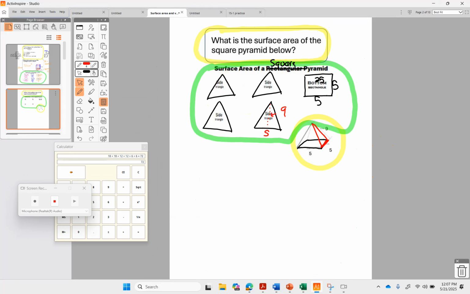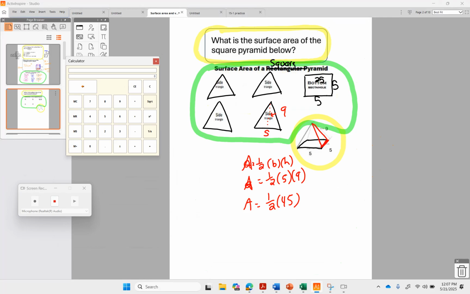So to find the area of a triangle, area equals 1/2 base times height. The base is 5, the height is 9. 5 times 9 is 45, and 45 divided by 2 is 22.5. So each of these is 22.5.